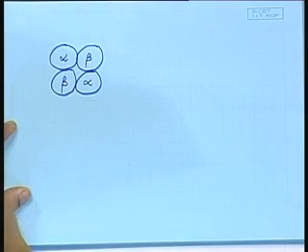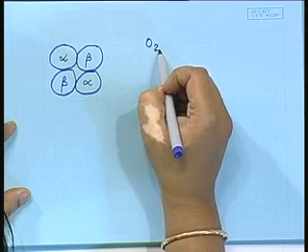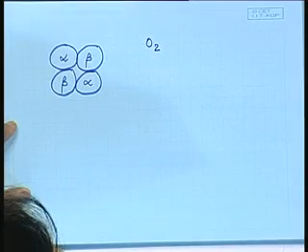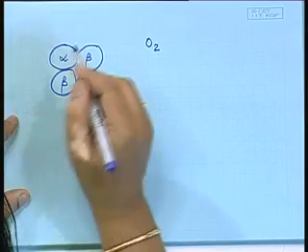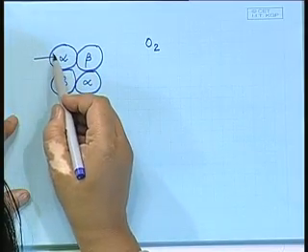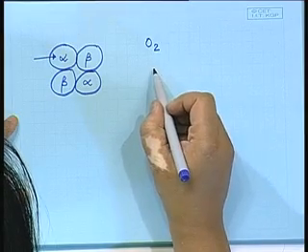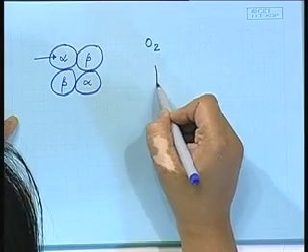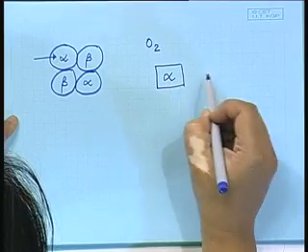Okay? Now, what happens is each of these binds an oxygen molecule. An oxygen molecule is a small molecule. Now, when it binds to, say it binds to this alpha, there are some mechanisms that say that the conformation of the alpha changes slightly into becoming like this.